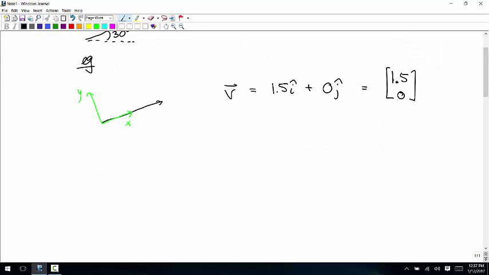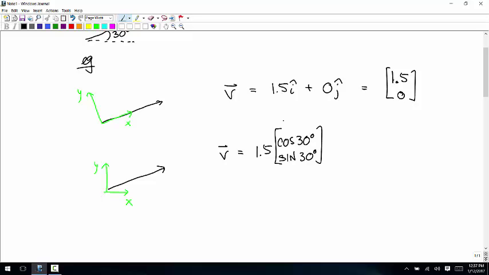On the other hand, if you start with that same vector, with that length 1.5, and the coordinate system you use is this, the vector components are going to be 1.5, the length of the vector, times the cosine of 30 degrees, sine of 30 degrees.